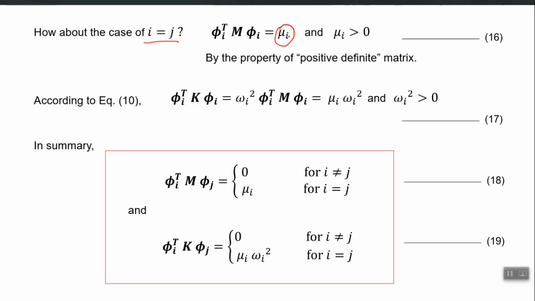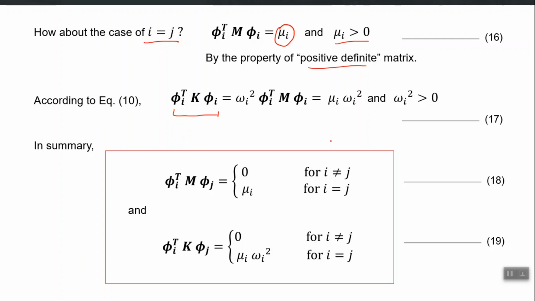So this mu i is a non-zero answer of this product phi i transpose into M into phi i. And it is your assignment to check what a positive definite matrix is, which will ensure that this mu i will always be a positive number. Similarly, when you calculate phi i transpose into K into phi i, now K will be in the middle.